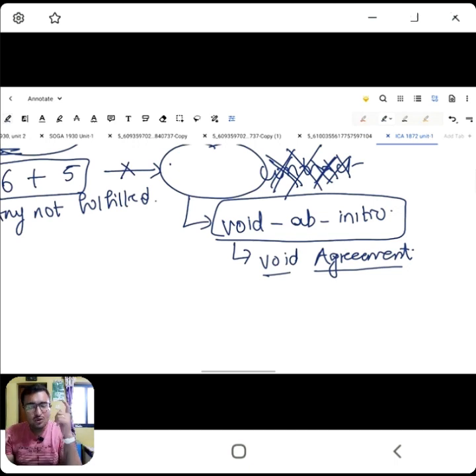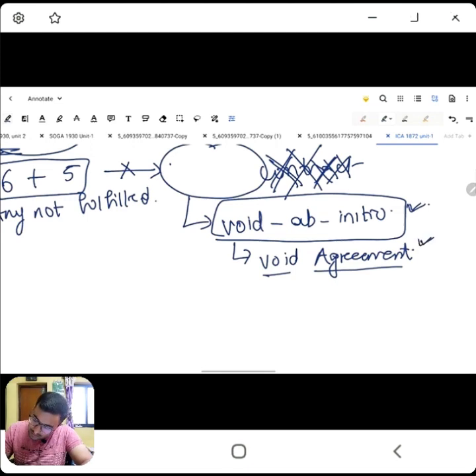How can you call it a contract when it is not fulfilling those 11 conditions to become a contract? In order to become a contract, you have to first fulfill those 11 conditions. If you do not fulfill even one of those conditions, you will never become a contract. Therefore, we will never call it a contract in the first place. What will we call it then? We will call it either void ab initio, that is void right from the beginning, or we will call it a void agreement.